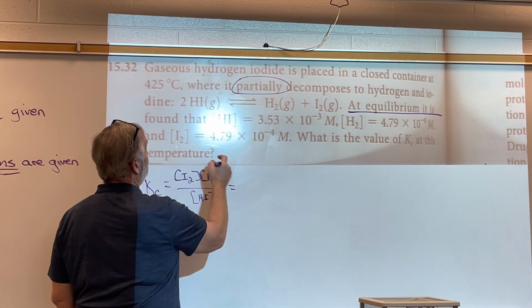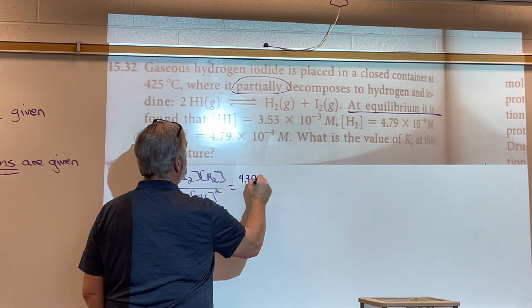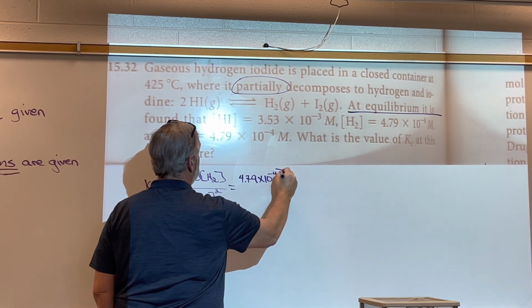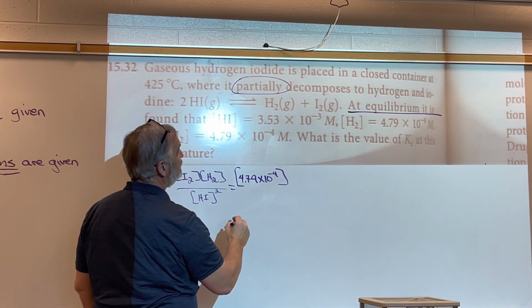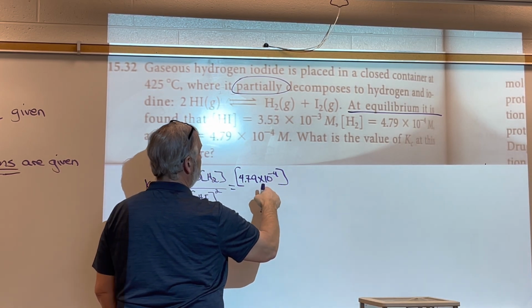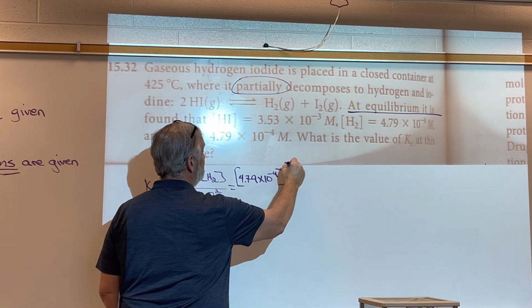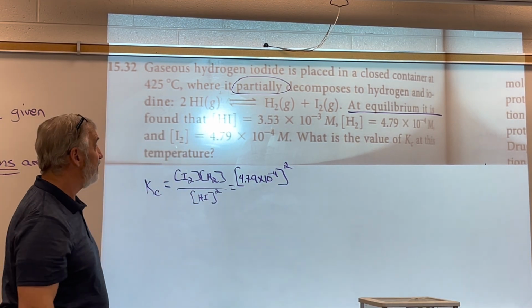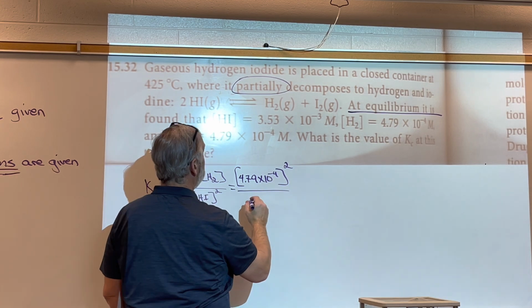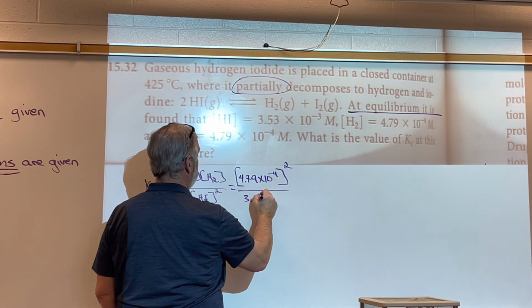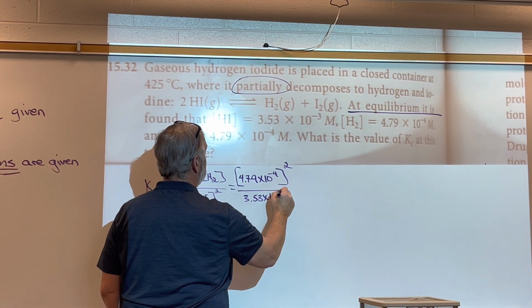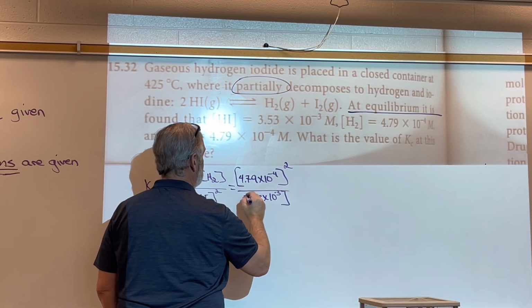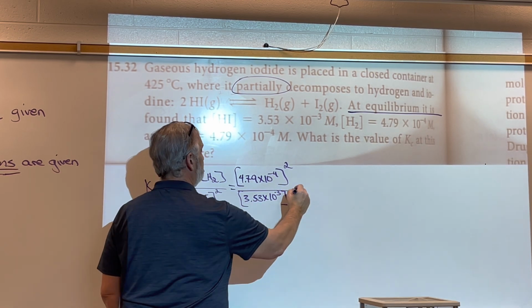I2, 4.79 times 10 to the minus fourth. The H2 is 4.79 times 10 to the minus fourth, so are y'all good with me just saying squared? Divided by 3.53 times 10 to the minus third, squared.